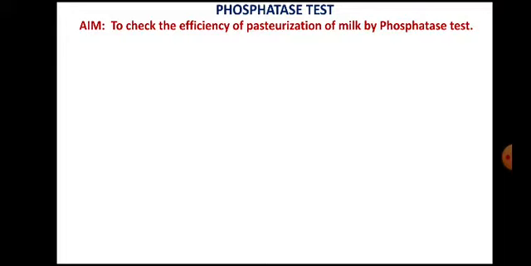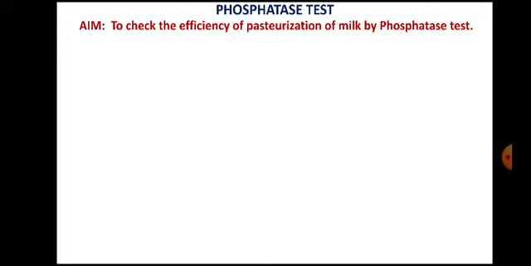So first, we'll be discussing the phosphatase test. This test is responsible for checking the efficiency of the pasteurization process, meaning whether milk is properly pasteurized or not.